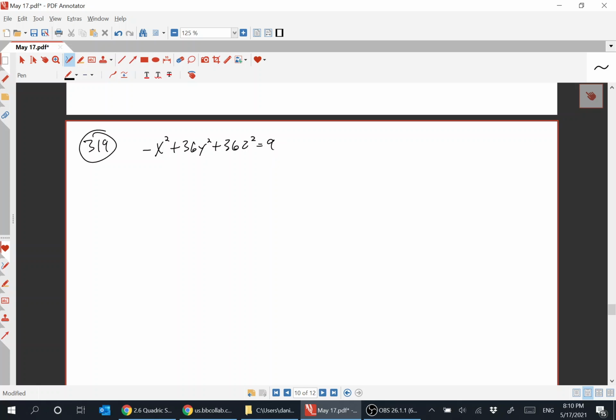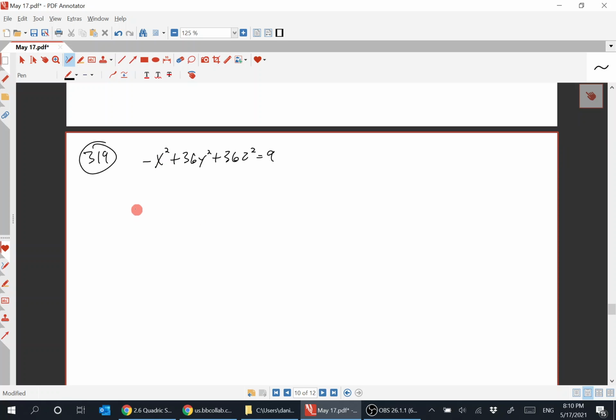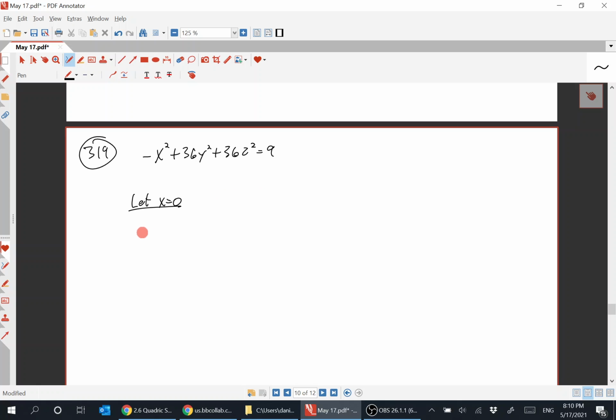All right, so if I look at the cross-sectional slices of the surface that are parallel to the YZ plane, so if I make x a constant, first let's let x equal to 0. If we let x equal to 0, what do we have?